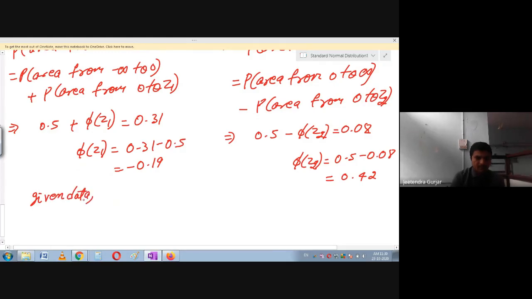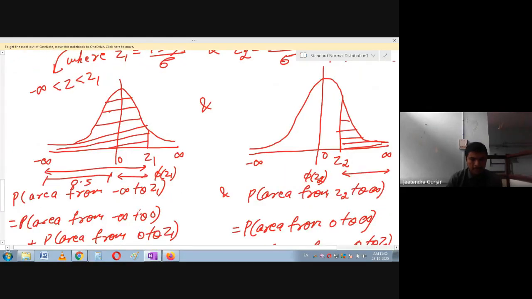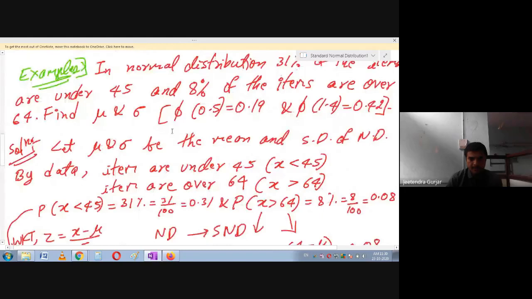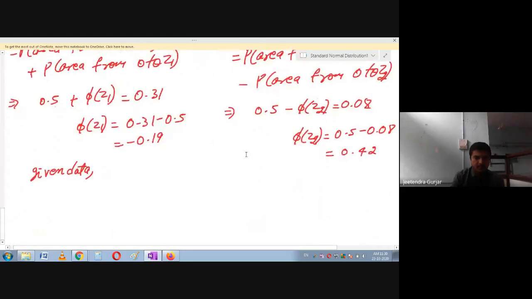But now you can see from the given data, what is given, students? Where is the value given? Yes, phi of 0.5 is actually 0.19. I will write this once again. From the question they have given phi of 0.5 is equal to 0.19, and here they have given phi of 1.4 is equal to 0.42.